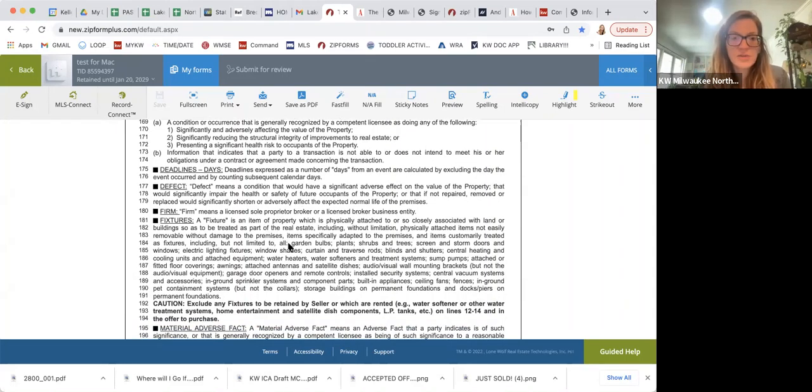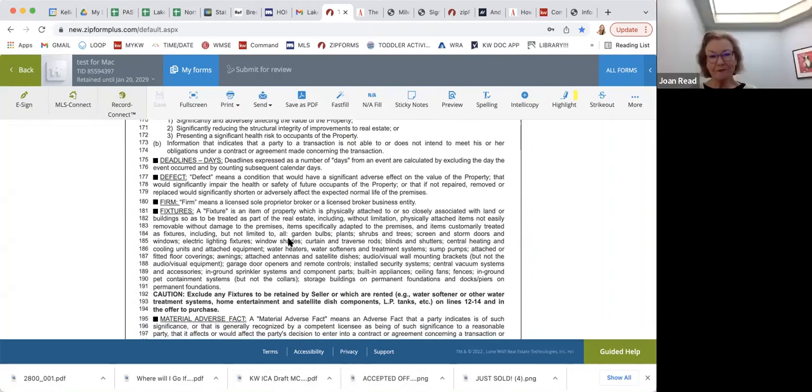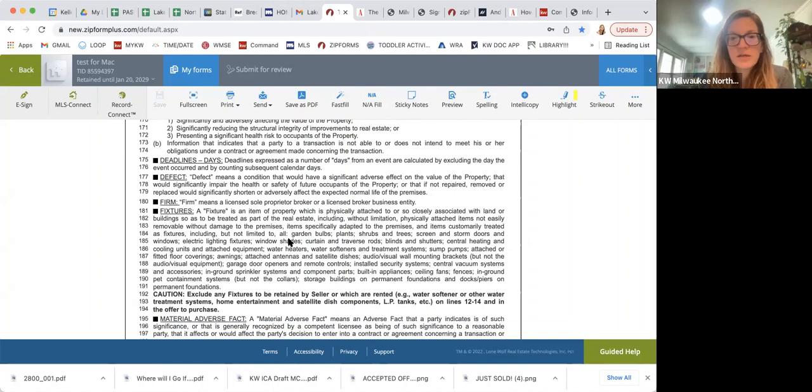Moving on, in lines 175 to 176, we've got a definition for deadlines. Deadlines expressed as a number of days from an event are calculated by excluding the day the event occurred and by counting subsequent calendar days. So when you get that accepted offer, let's say that inspection contingency is due within 15 days from the accepted offer.